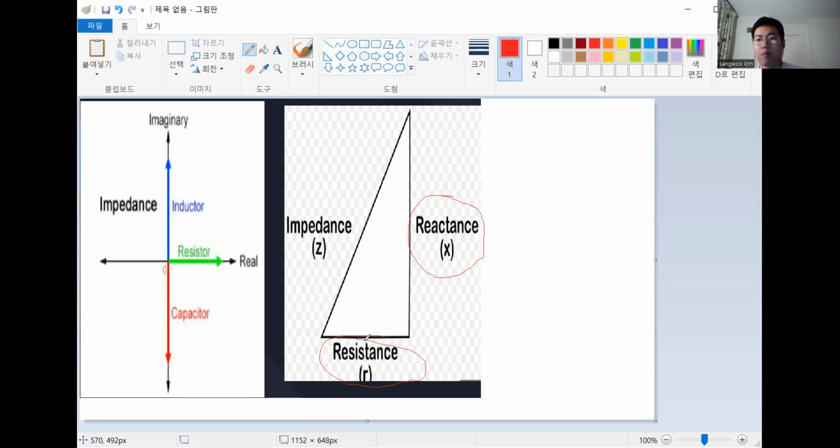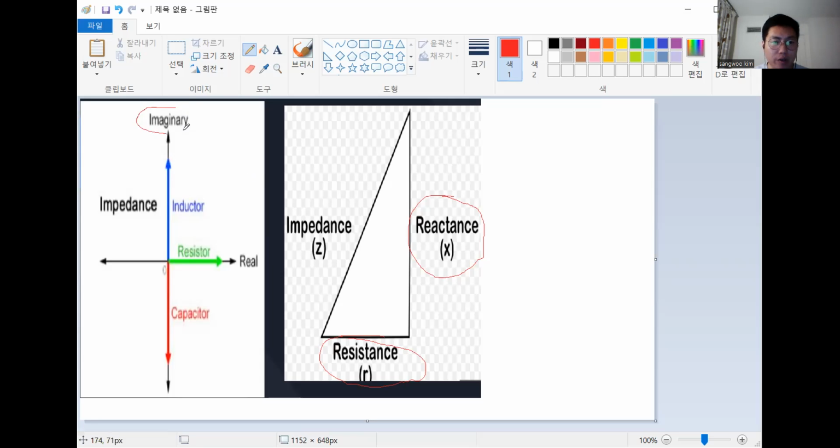For example, with reactive power, I give it to you, and you store it. You just save it and return it back. So actually there's no loss and no usage, right? So we say this is reactive power. Got it, right? So let's see more.